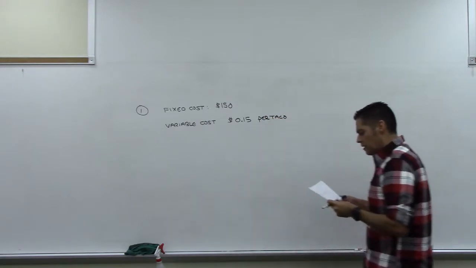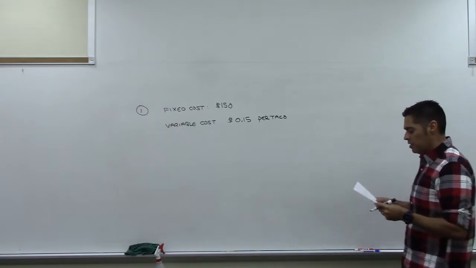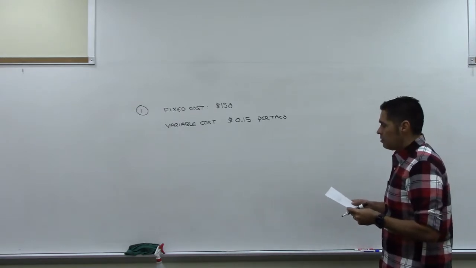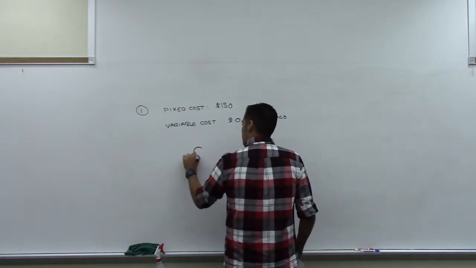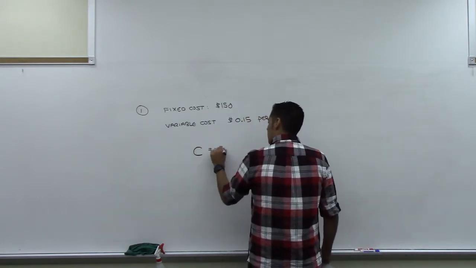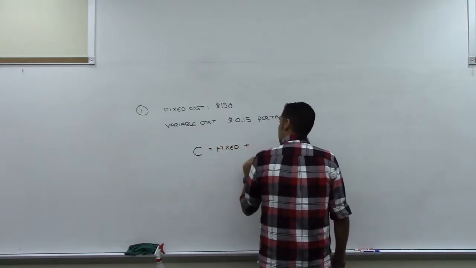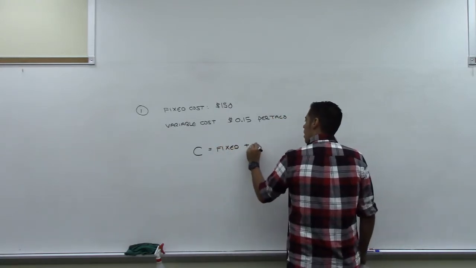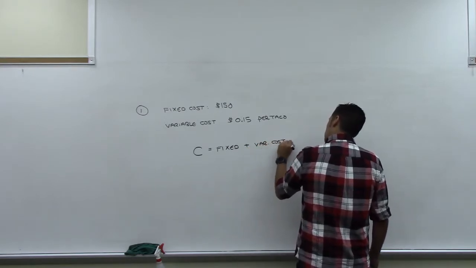It says find the total daily cost of producing X tacos. So your formula for this is that the cost is going to be the fixed cost plus the variable cost times X.